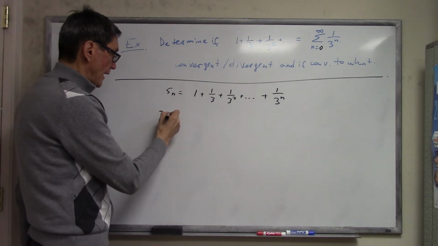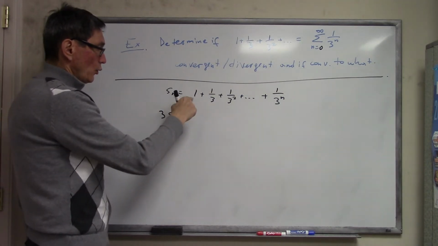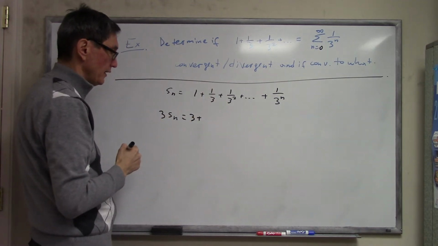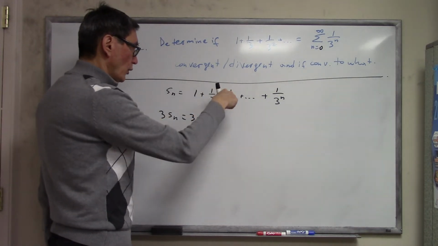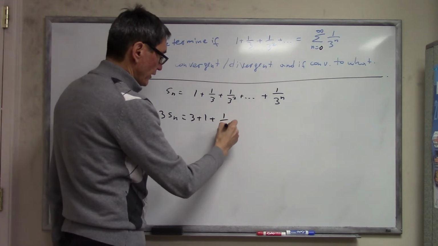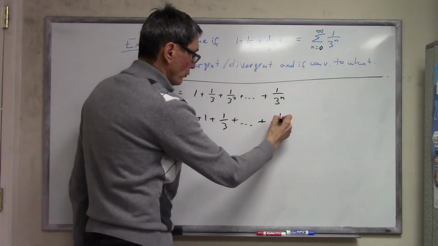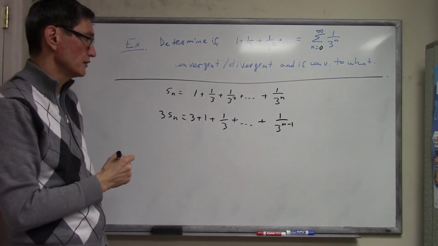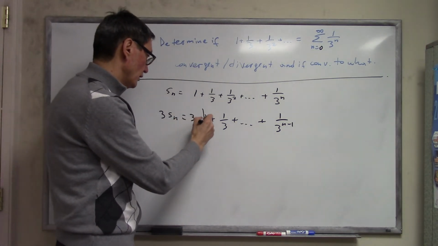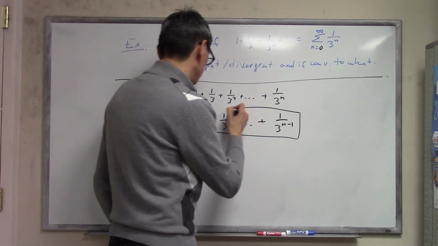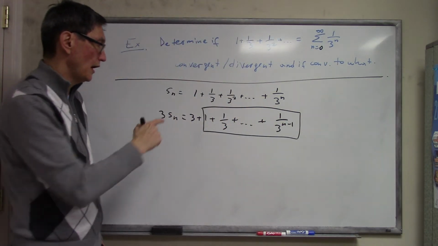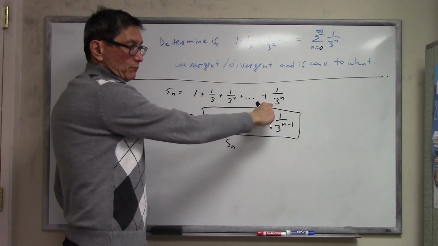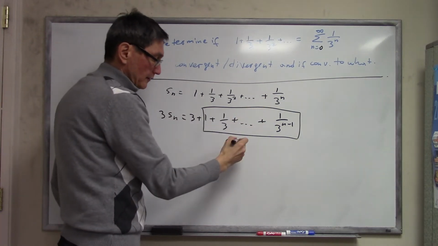So 3Sn is going to equal 1 times 3 is 3, 1/3 times 3 is 1, 1 over 3 squared times 3 is 1 over 3, plus and so on, and the last one is going to be 1 over 3 to the n minus 1. If you look at this, it is our Sn, which you see on top, with one missing term at the end.